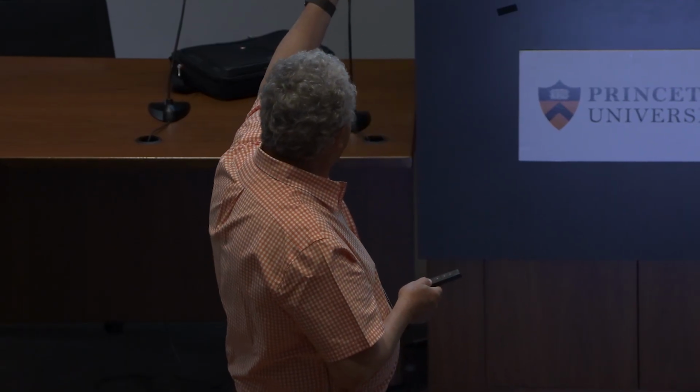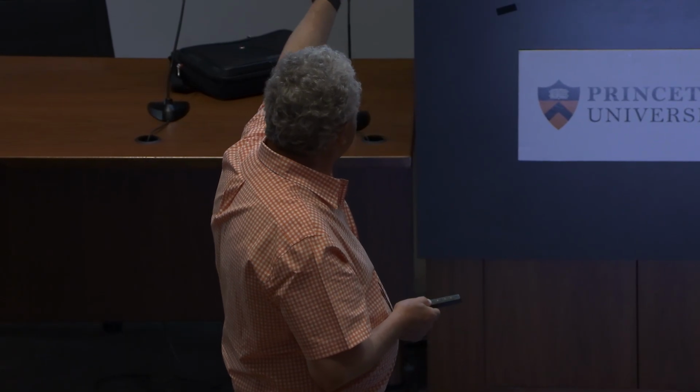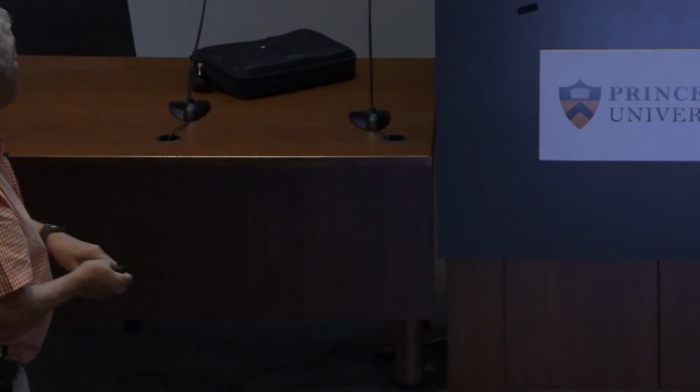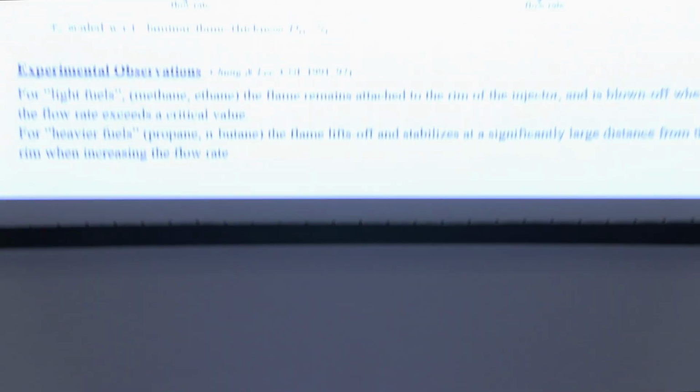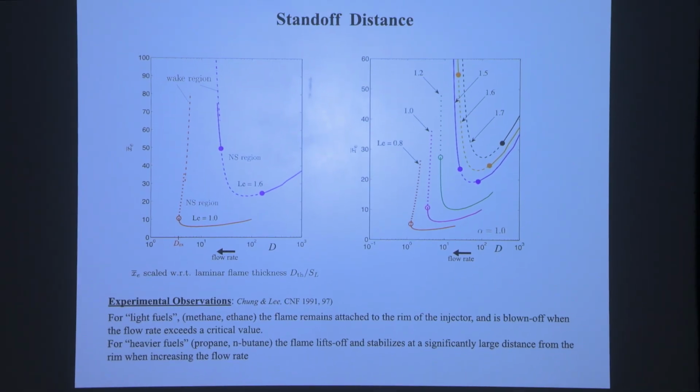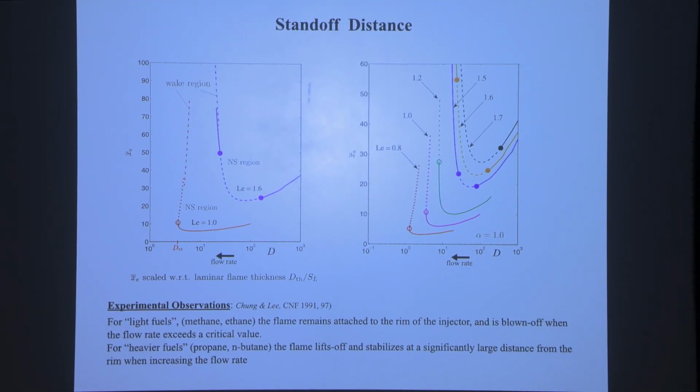For the large Lewis number, I don't know if he used propane or butane, whatever he did, he could ignite the flame and increase the velocity. What you do is the lighter, and the flame went up and up to distances, as I'm showing you with my finger, quite significant from the burner. So it was a quite nice observation to see. And so that fits with these calculations, of course. I should say the calculation fits with the experiment.